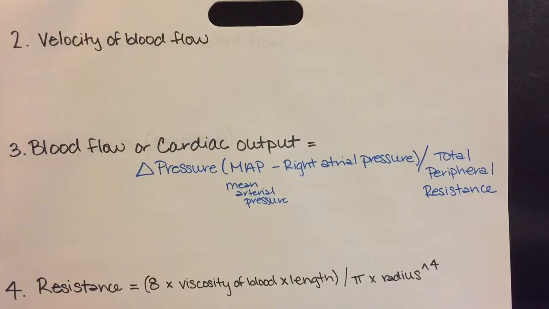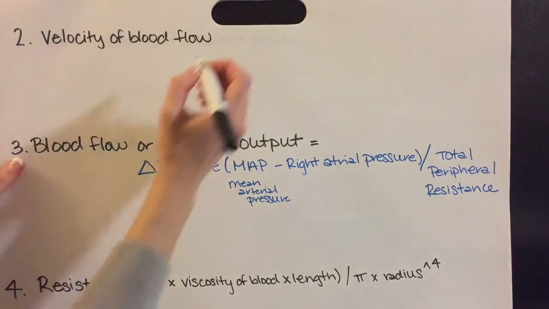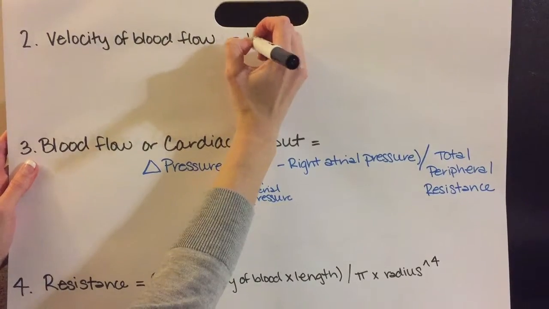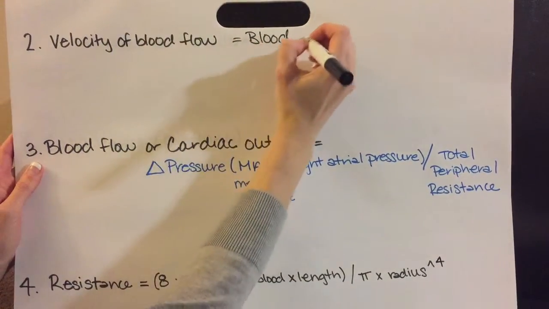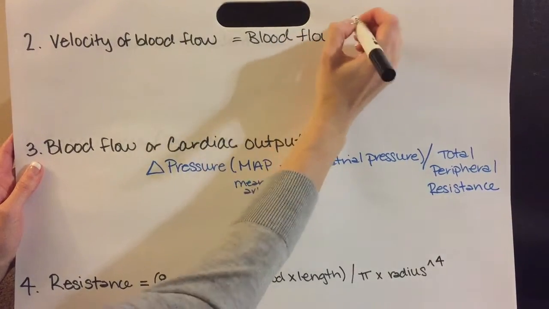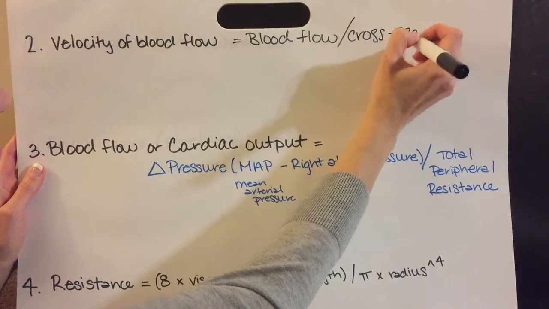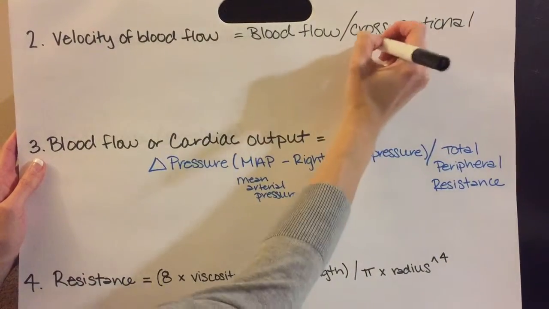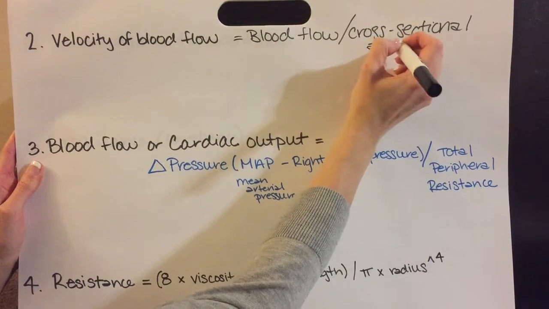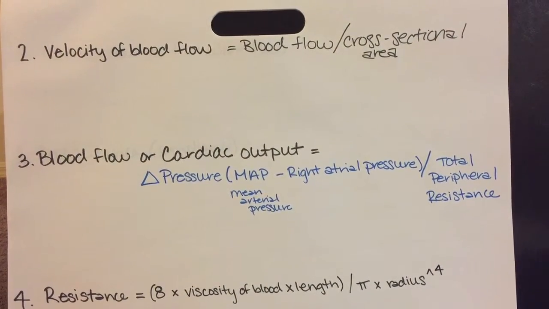The first of which is the velocity of blood flow. The velocity of blood flow is going to equal the blood flow across the cross-sectional area. Herein lies part of the component of capacitance versus resistance.